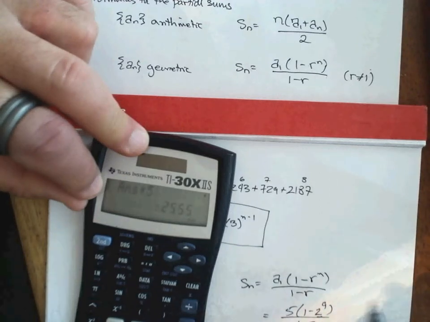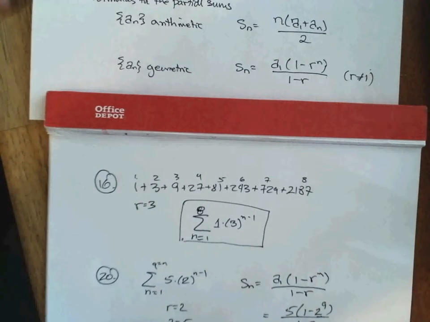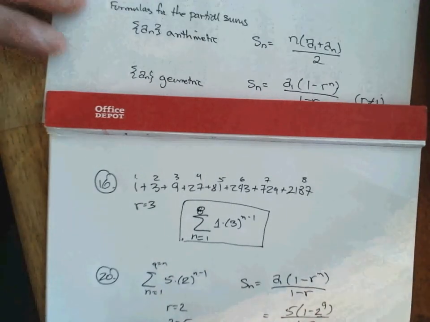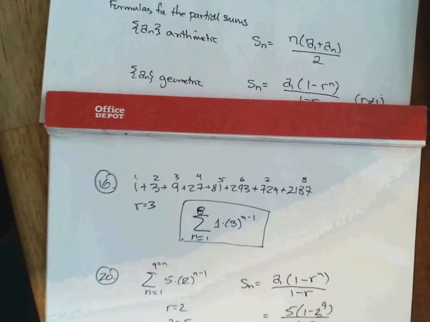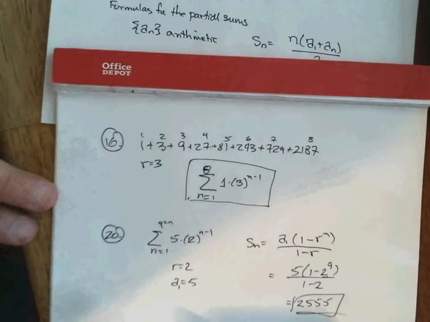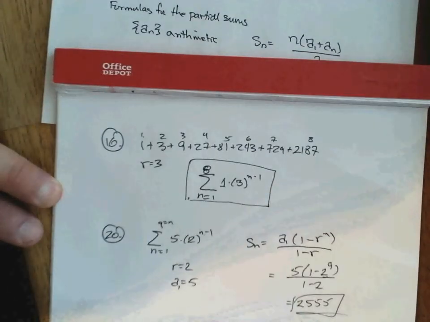I multiply that times 5. I get negative 2555, and when I divide that by a negative 1, I get 2555. There is the sum of that series, the first 9 terms. All right, let's take a look at number 22.